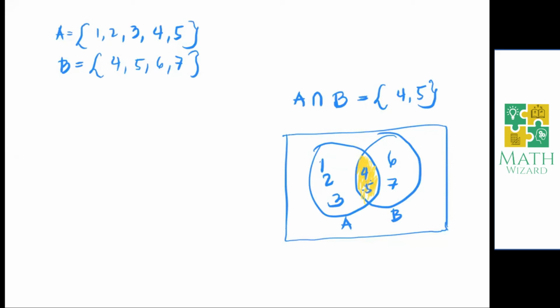Intersection. Now, i-draw ko lang din ang union, no, para makita natin ang pagkakaiba. Union, pagsasamahin lang natin. So that is 1, 2, 3, 4, and 5, and 6, and 7. If we are going to draw this one, this becomes, ayan.